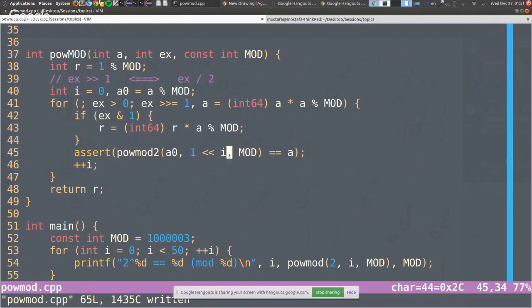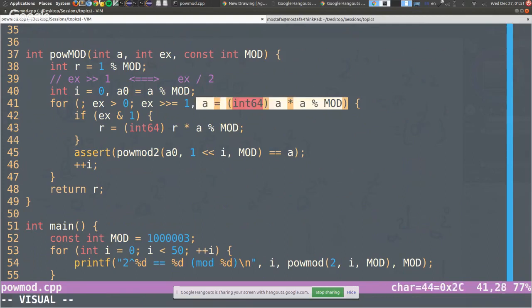Here we should check that the original a to the power 2 to the power i is equal to the current a that we're computing.